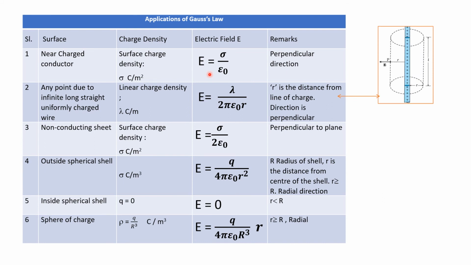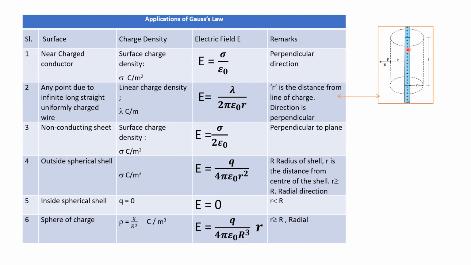Second case is at a point due to an infinite long uniformly charged wire. We are required to find out the electric field intensity due to this. Here we will consider the linear charge density as lambda coulombs per meter.